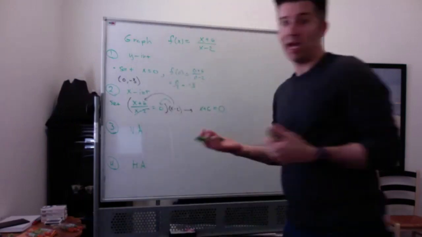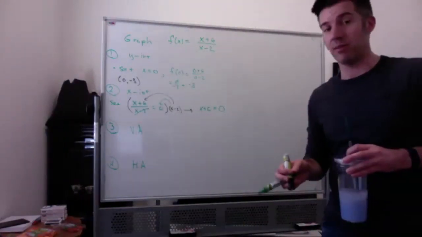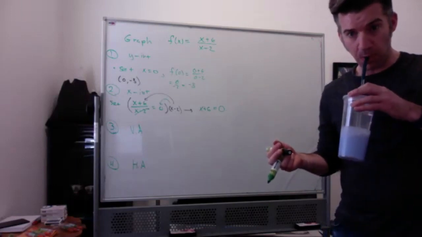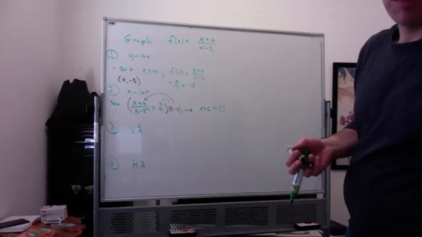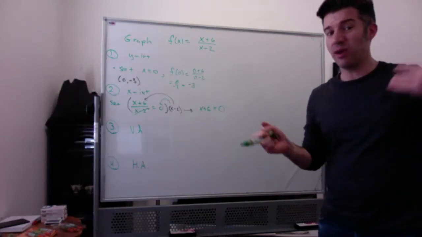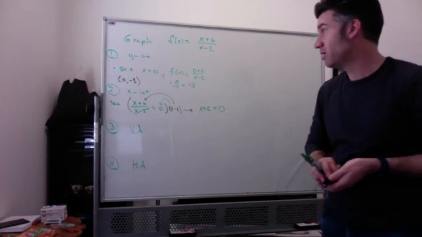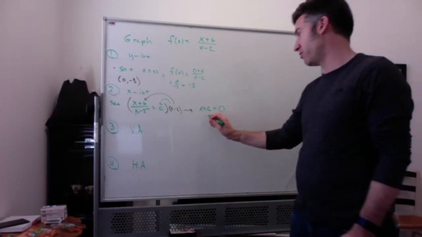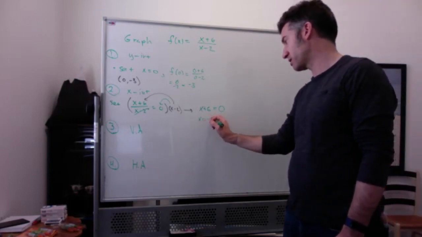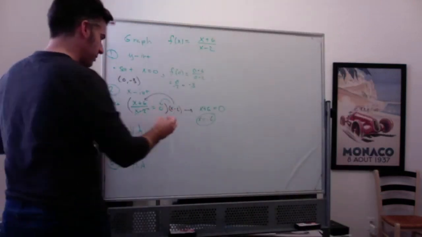So here's what always ends up happening when you're trying to find the x-intercepts of a rational function. You're really just looking for where the numerator is equal to 0. Because that's the only way a fraction can ever equal 0, is if the top is 0 and the bottom isn't. So if x plus 6 is 0, x has to equal negative 6. So we get the point negative 6, 0.